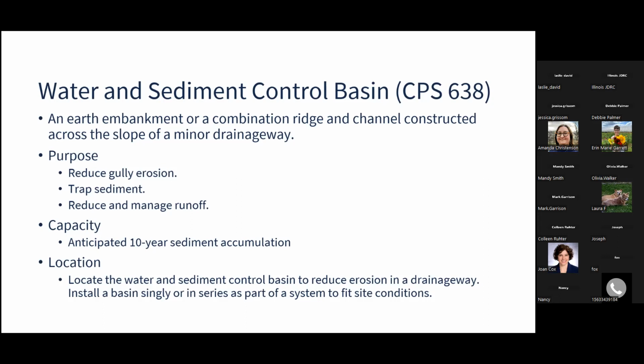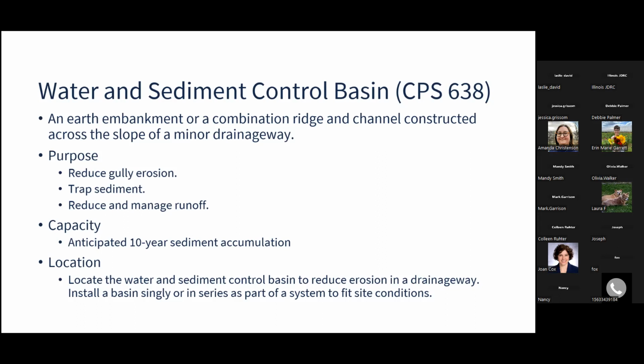And when installing, you have to adjust the location to fit the topography, maximize storage, and accommodate farm equipment and other farming operations, and also make sure to avoid any impacts to any adjacent properties.